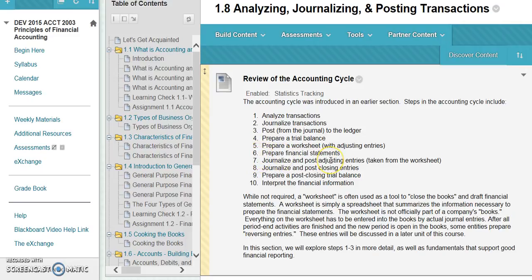Preparing financial statements. And then we look at those financial statements, make a few adjustments, and then create some final financial statements. 8, 9, and 10, well, 8 and 9 happen at the end of the year just once, and then 10 hopefully happens every single day. So that's the accounting cycle. The reason it's a cycle is after number 9, after you close out for the year, you start over the next year with number 1.